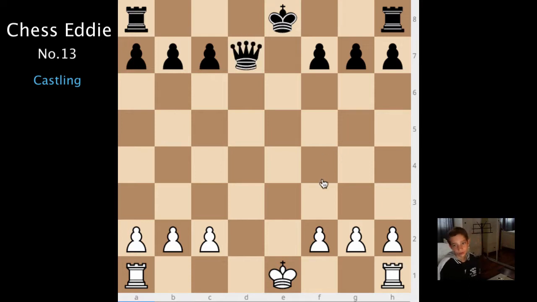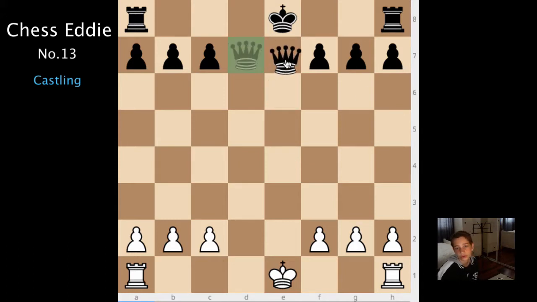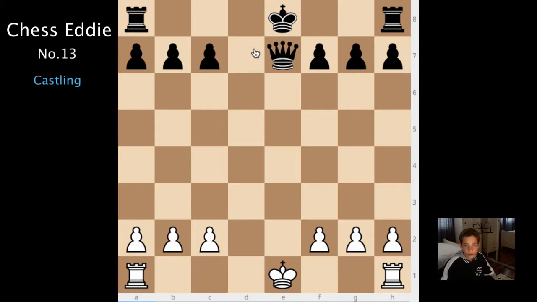Okay, I'm back with my third example, and it is black to move right now. Let's say black moves to e6 or e7. I'll just use e7 right now. As you can see here, white is now checking the king on e1.